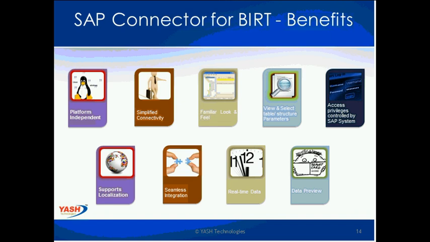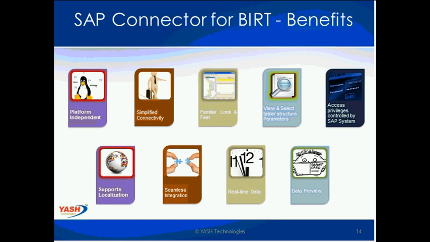Seamless integration. As I explained earlier, once you set up the connector by executing a setup program, the connector configures itself very quickly on the BIRT environment. And there is absolutely zero configuration to be done on the SAP side as well as on the BIRT side.